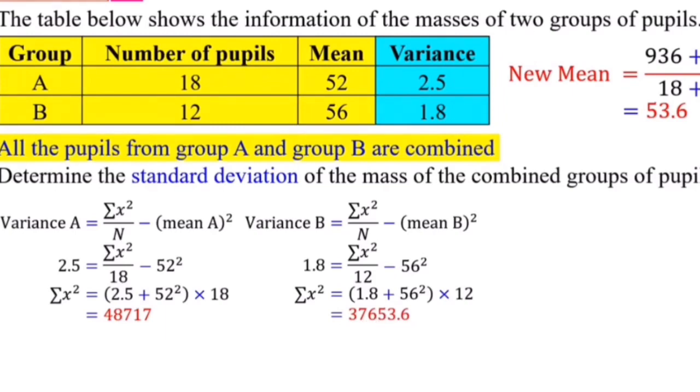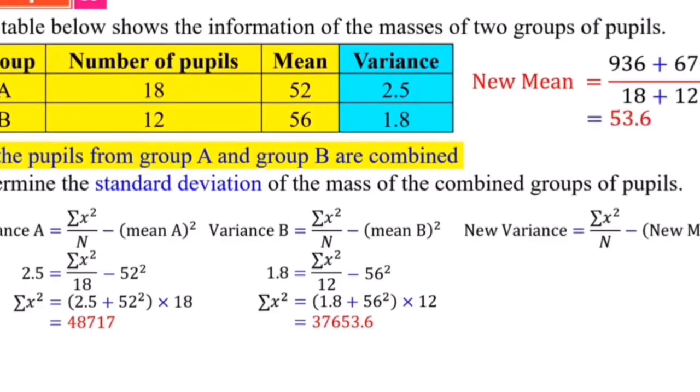So the new variance, we need sum of the data square, the new one. So we need to combine sum data square for group A, 48717, plus sum of data square for group B, 37653.6. This is sum of data square for the combined group A and B. Then the number of data we need to combine.